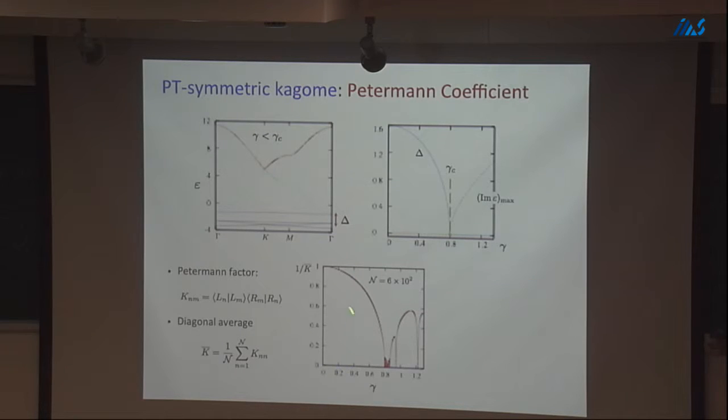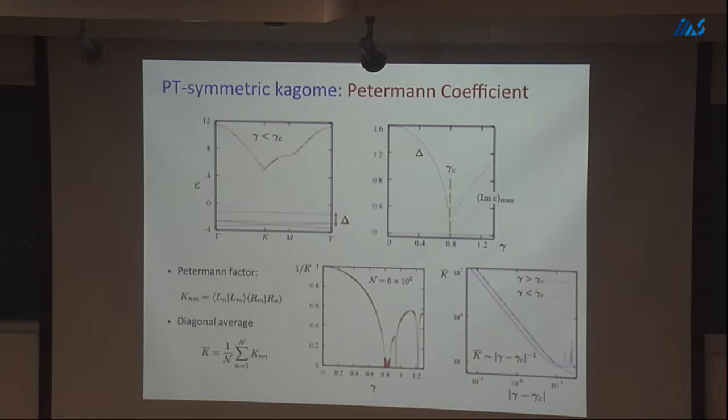When gamma equals 0, it's 1. Eigenfunctions are of course orthogonal. As you increase gamma, this orthogonality changes, the deviation from orthogonality. And that gap between the flat bands, this delta, also decreases to 0 as gamma goes to gamma c. And above gamma c, you have the imaginary part of the epsilon.